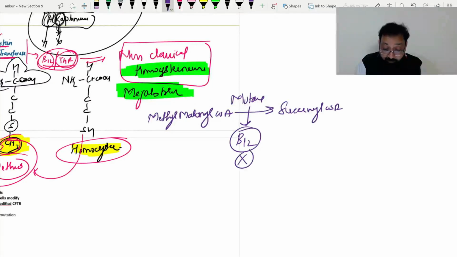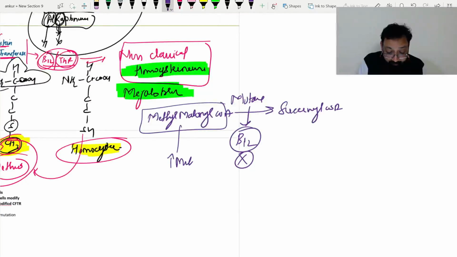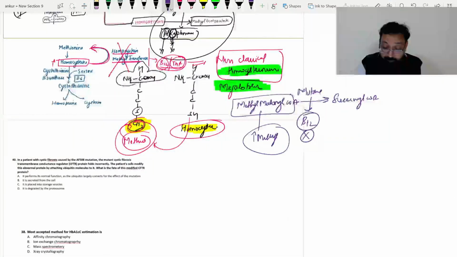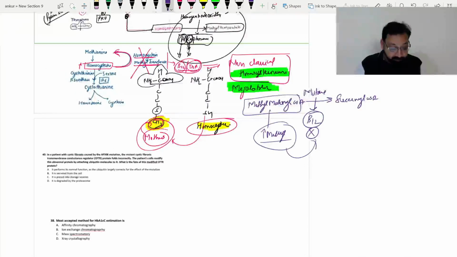If B12 is deficient, then there would be methylmalonic aciduria, increased methylmalonic acid. So in this patient, I will check the methylmalonic acid level. If it is increased, this is B12 deficiency. If it is normal, it is folic acid deficiency. You will differentiate like this.